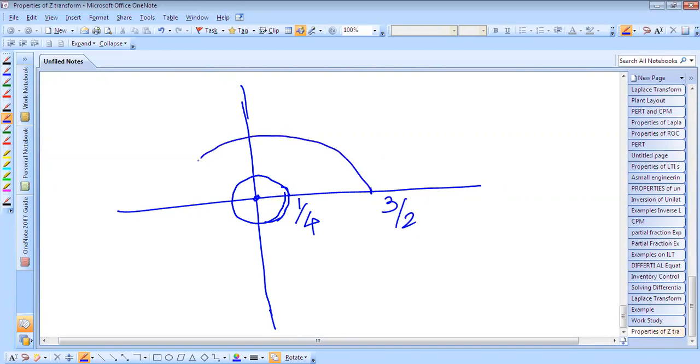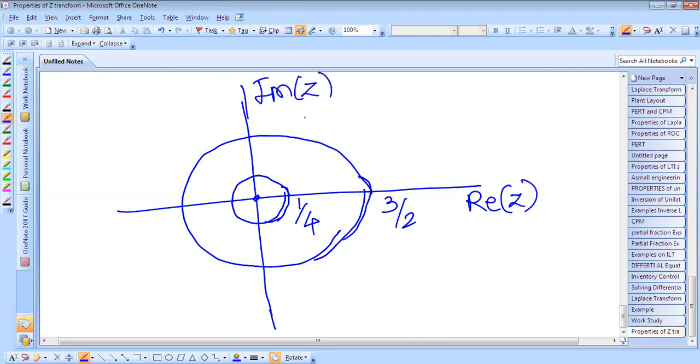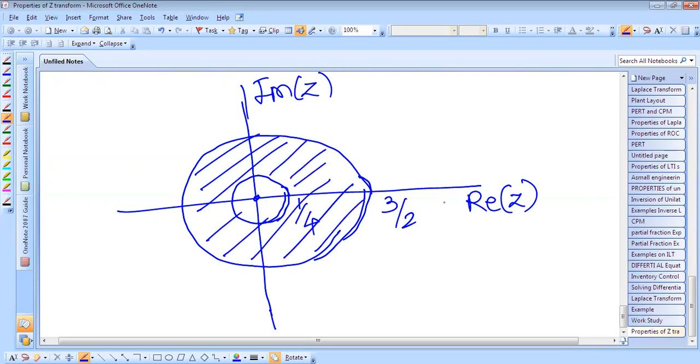From the given functions we can draw the Z plane like this, and this is your ROCs. This value is 1/4 and this is 3/2.